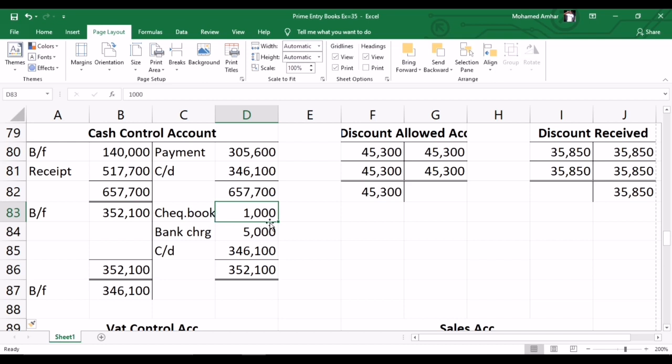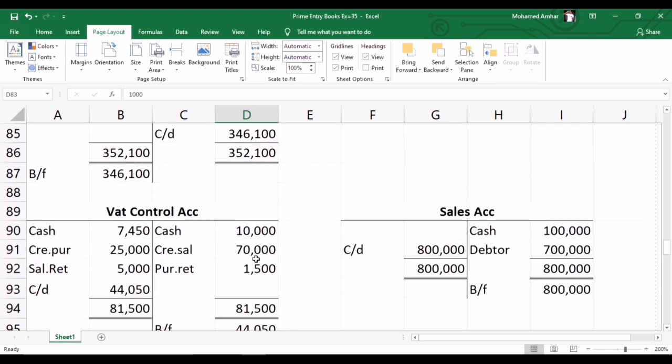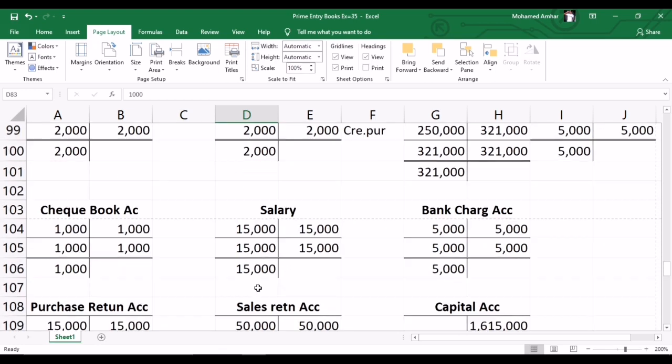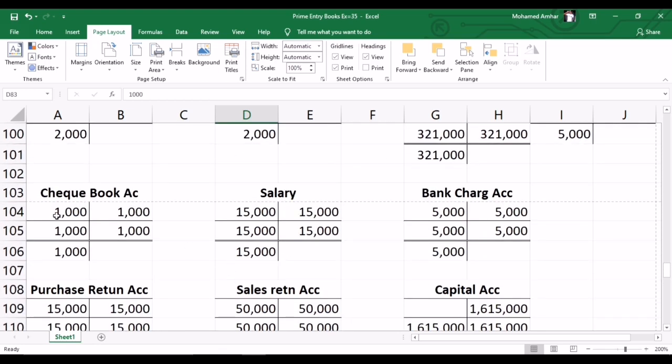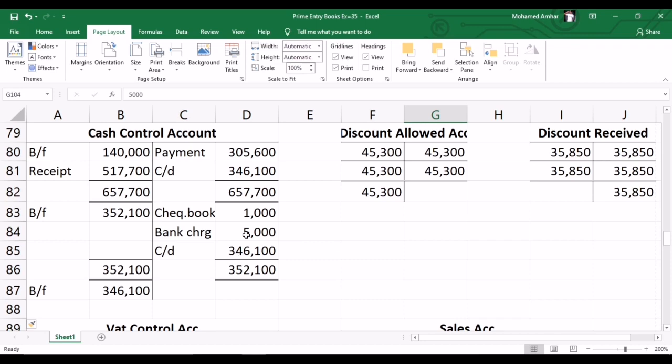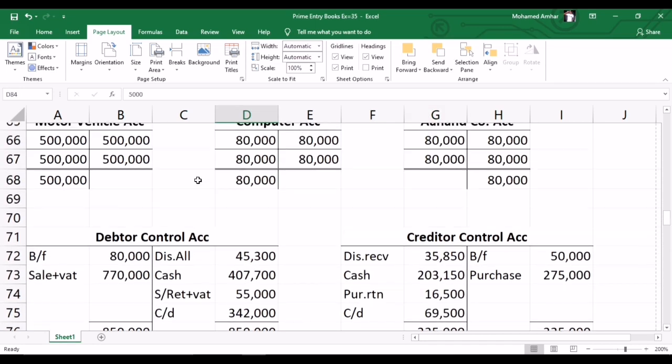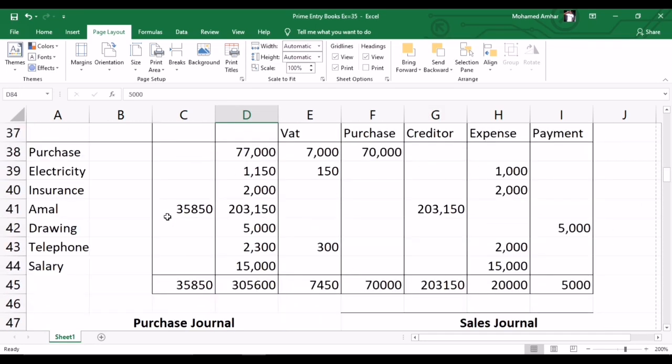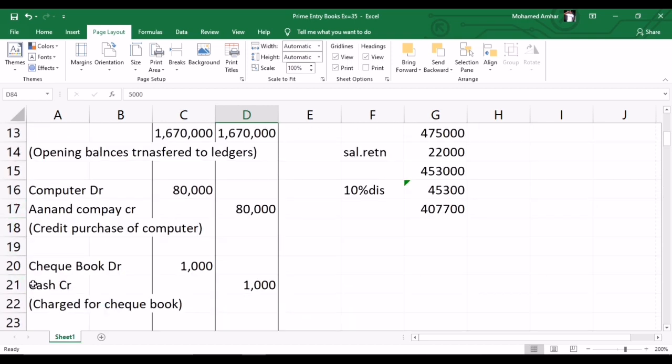So here cash book is credited and checkbook account would have been debited. Here checkbook account debited. And bank charge, here bank charge is debited and cash account is credited. So double entry first recorded.